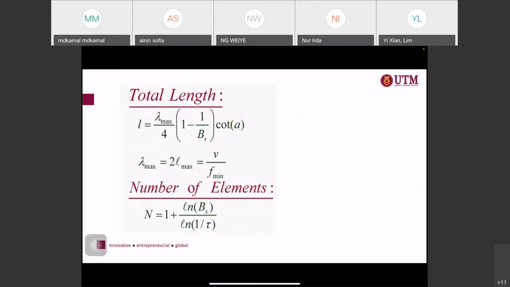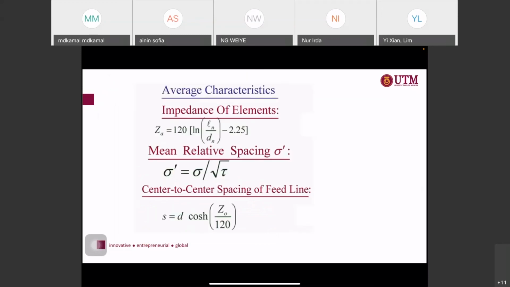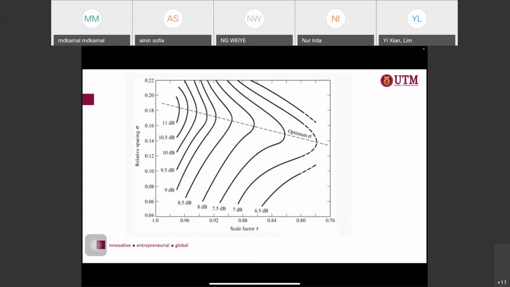Then this is the total length of your log periodic, and this is the number of elements that you can use. For the average characteristic impedance, you can find it from this, and then the mean relative spacing, which is sigma over square root of your tau. The center to center spacing of the feed line is S to D cos Z0 over 120 here.